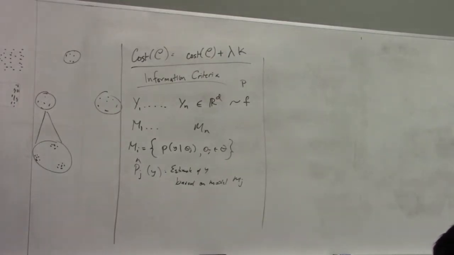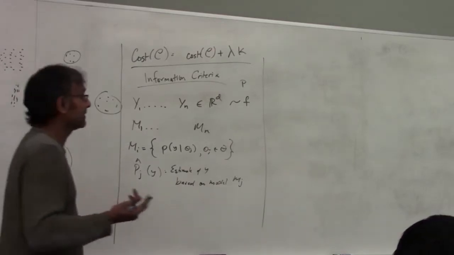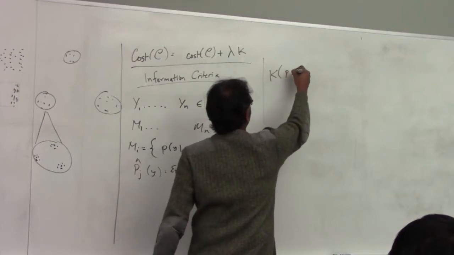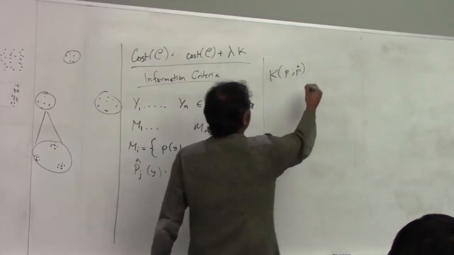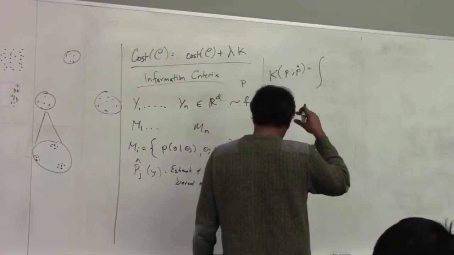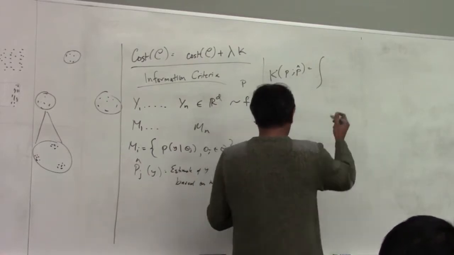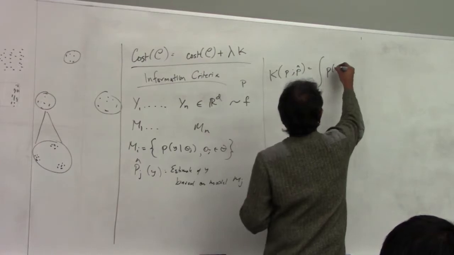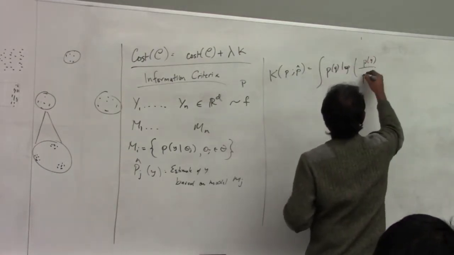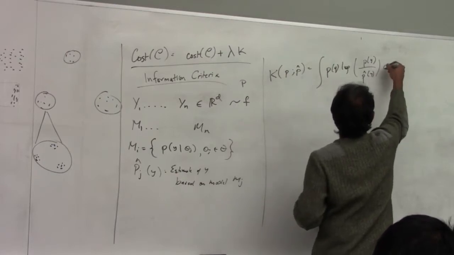And so one way to compare distributions is to use what is called the relative entropy, or the Kullback-Leibler divergence, which says that K of P, and this is asymmetric, so I'll put this parameter here, is equal to the integral of P(y) log of P(y) over P hat(y) dy.